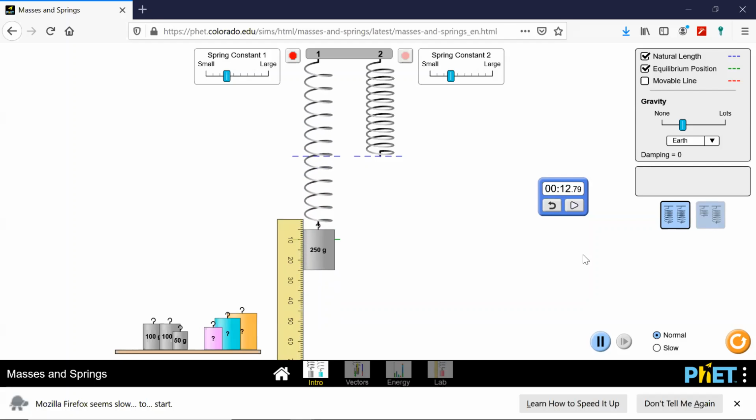So the time for 10 oscillations, or 10 cycles, I prefer the word cycle instead of oscillation, 10 cycles is 12.79 seconds.